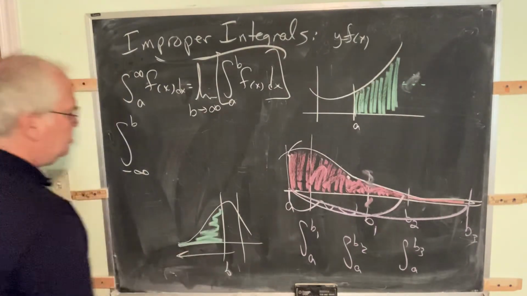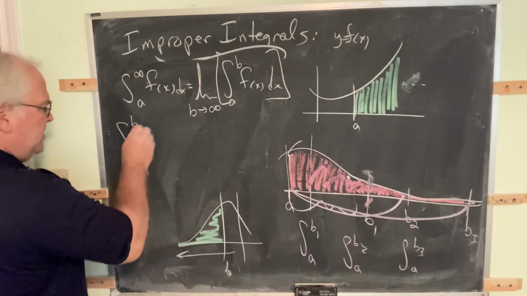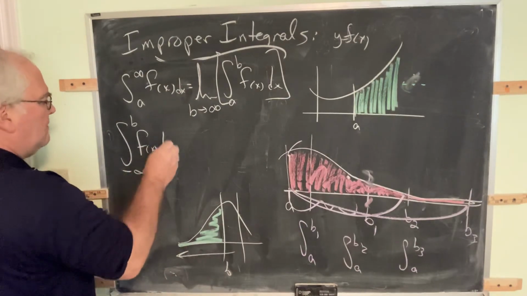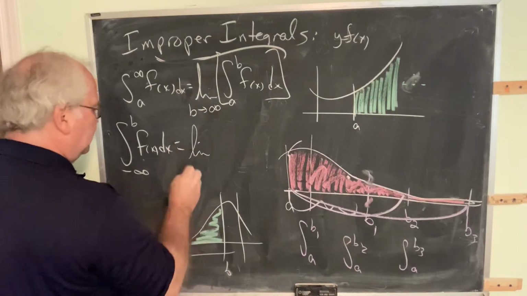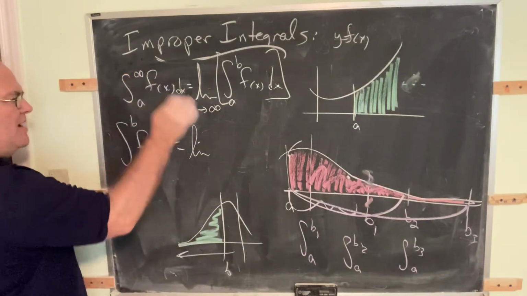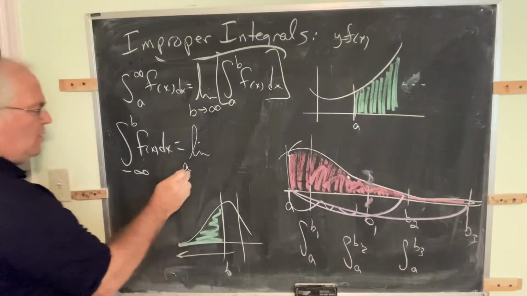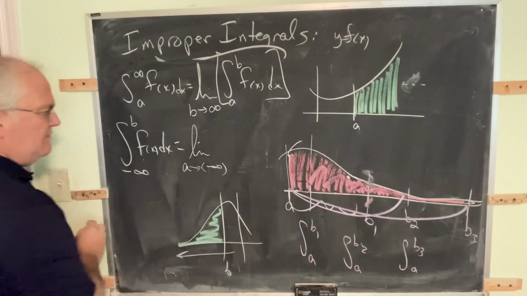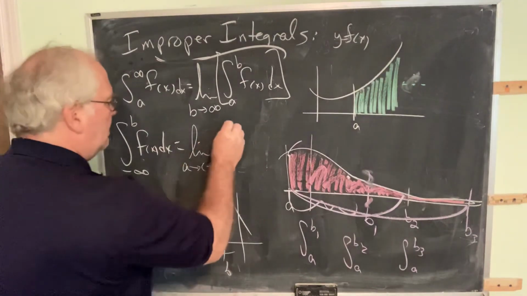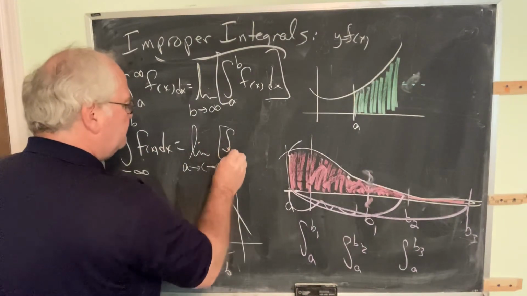But it's the same notion. The difference here is you replace this with a limit statement. This is the limit as, again, when it's the upper limit, I will use b. When it's the lower limit, I will always use a. And this is going to negative infinity of the integral from a to b.